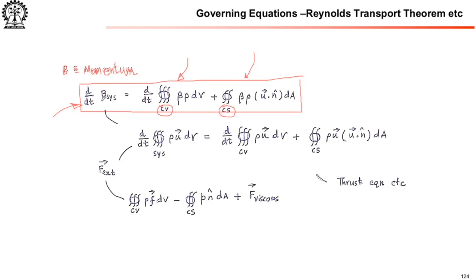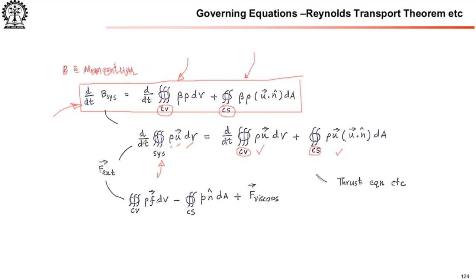Now, if my B is momentum, then we can say that rho times velocity times elemental volume is integrated over the system. So d by dt of the momentum of the system can be related to d by dt of the momentum of the fluid within the control volume plus the flux of momentum across the walls of the control volume.